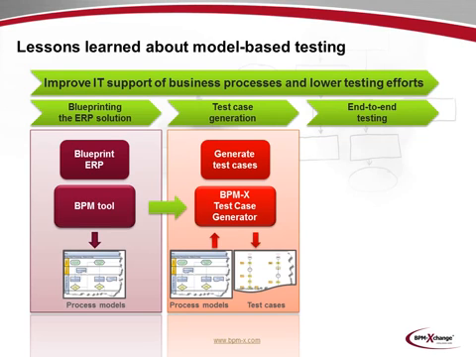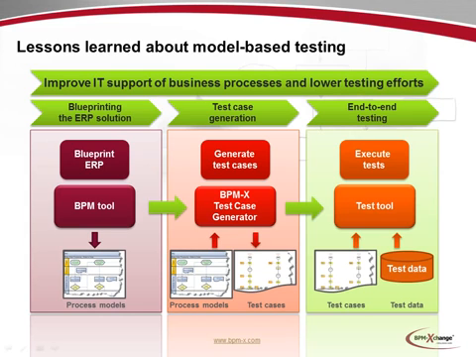In the test case generation phase, the BPMX test case generator reads the process models and generates a set of end-to-end test cases depending upon the selected coverage algorithm. And finally, the test cases are executed in the course of integration and regression tests. Typically this is achieved with tools like SAP Solution Manager's Test Workbench or HP Quality Center.